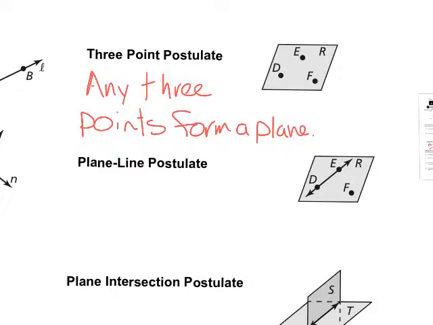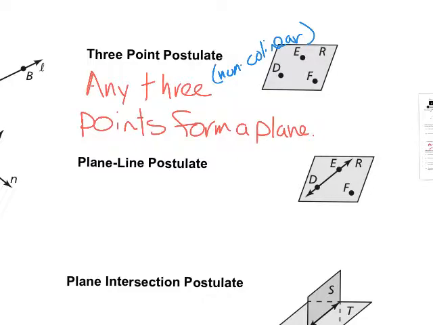It is important here that the points have to be non-collinear, because if the 3 points lie on the same line, then they don't necessarily form a plane, they just form a line. But any 3 non-collinear points do form a plane.